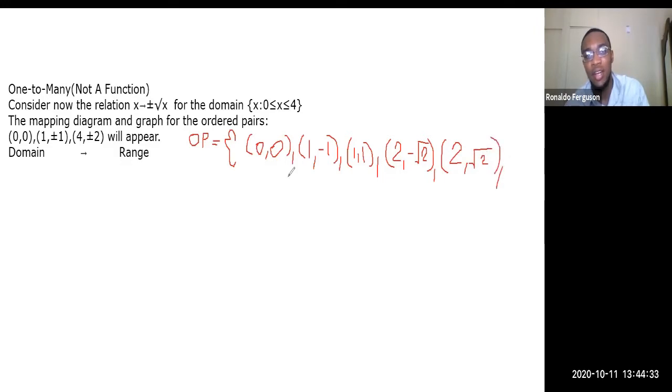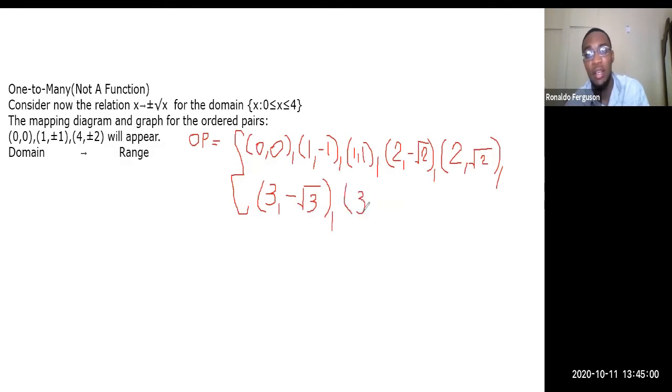Then when x is 3, when we put 3 right here, we're getting minus the square root of 3, and then we're also getting plus the square root of 3.